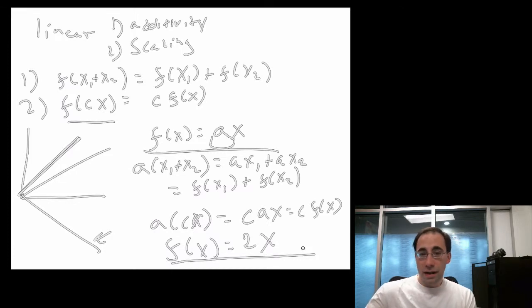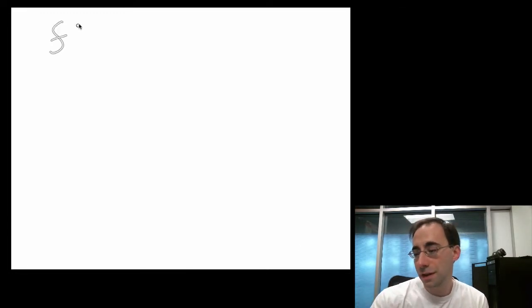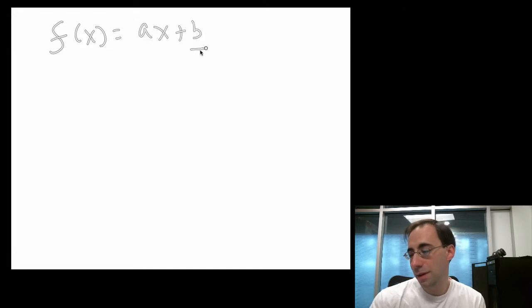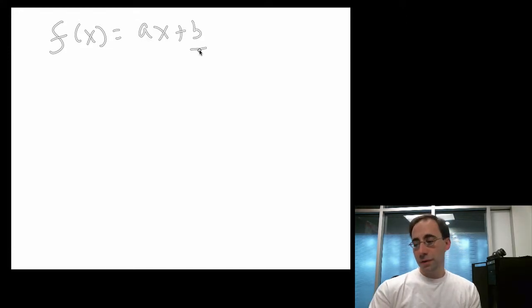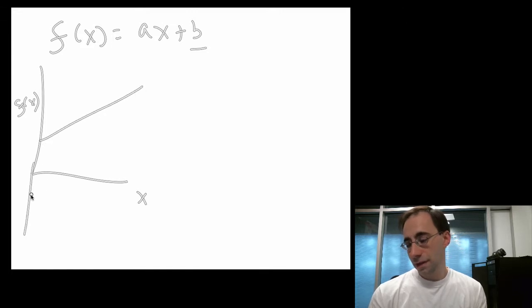Now, you notice I didn't mention stats yet for a particular reason, which I'll mention now. That function has no intercept. This function has an intercept of b. An intercept is the point at which it intercepts the y-axis. If this is f of x, and this is x, then this is an affine function, that's an affine function.